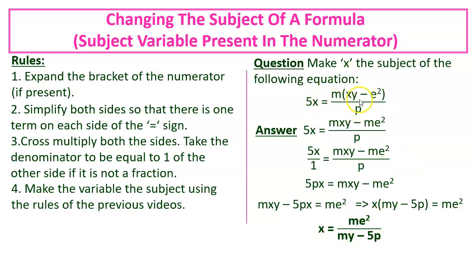Previously, the given equation contained x in multiple terms, and now we are seeing that we have a single x on the left hand side, and this is equal to some expression on the right hand side. So we have made x the subject of the given formula.